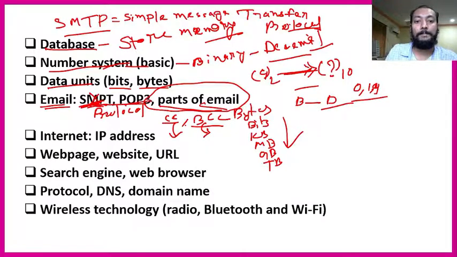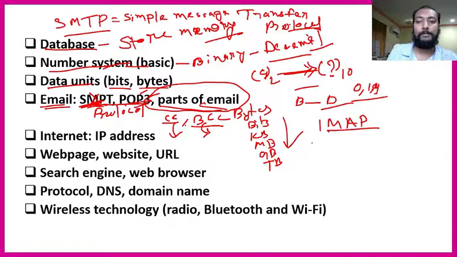SMTP, POP3, post office protocol. That also you need to understand, POP3. Before it was POP1, POP2, and now at present POP3. That also you should know. IMAP also sometimes has questions. So all the details we will be looking at.